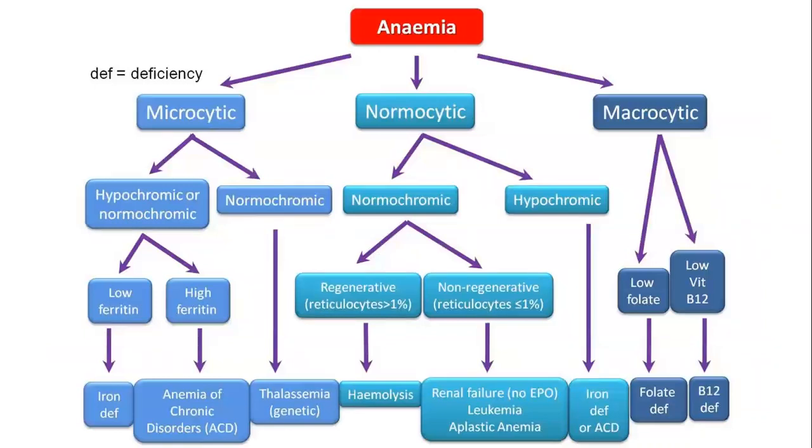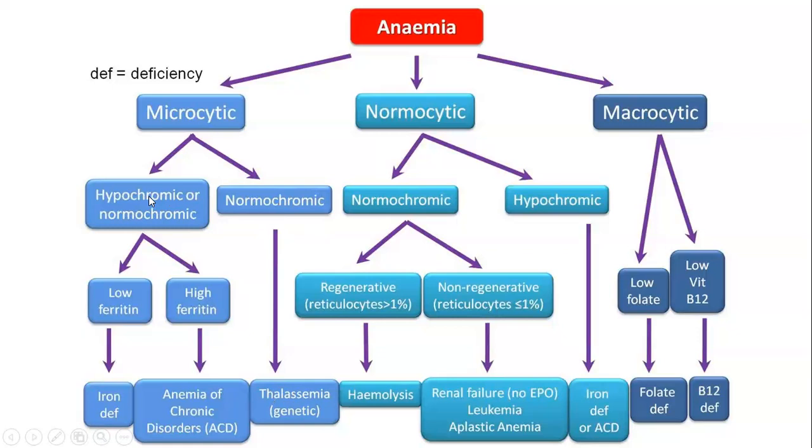Here we can say anemia is a flowchart: micro, small, normal, or macro, meaning bigger. If it is smaller, hypochromic or normochromic. If it is normochromic, maybe thalassemia.